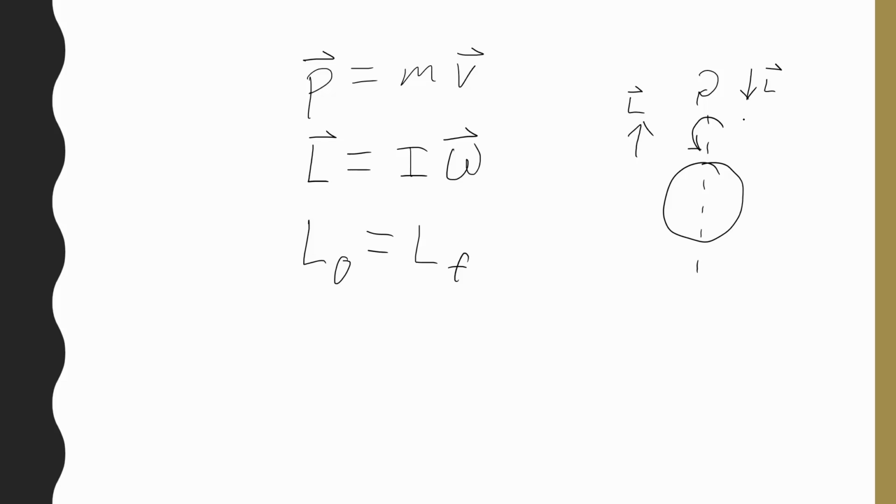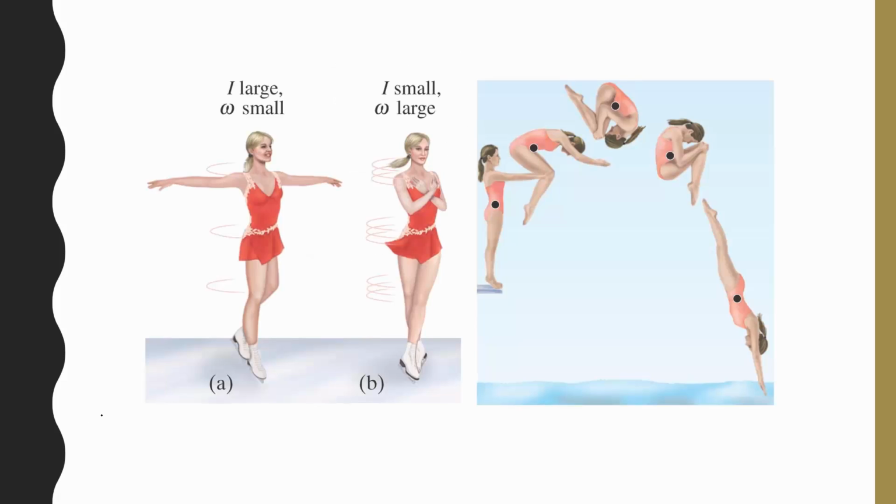All right, on to some examples, because there are a whole host of phenomena that are described by the conservation of angular momentum. Not the least of which is why figure skaters can spin so fast. They'll start out with their arms outstretched, and usually their leg is outstretched too.